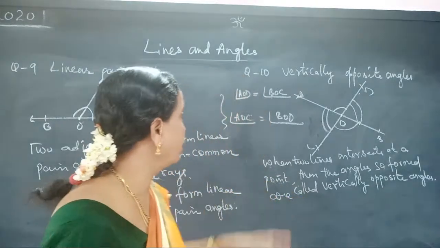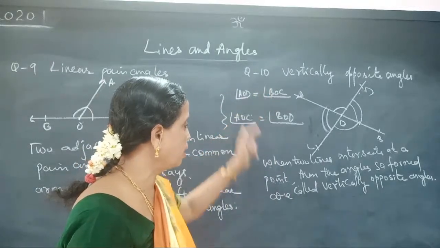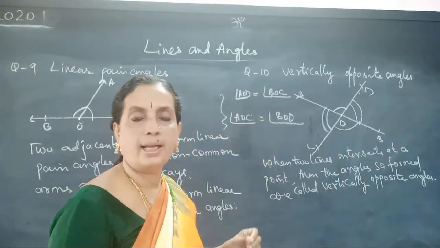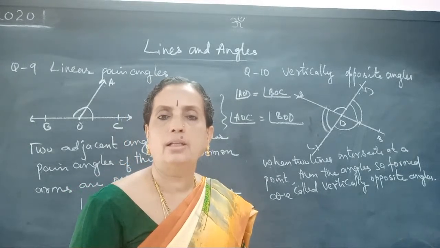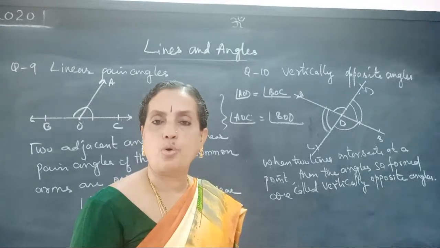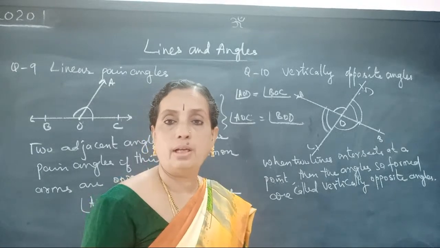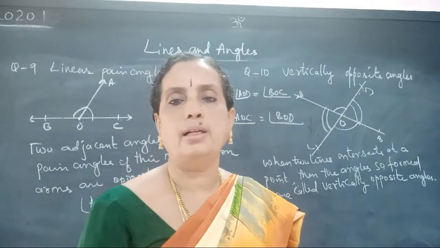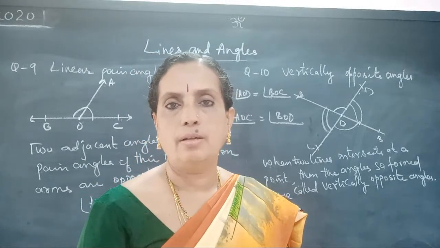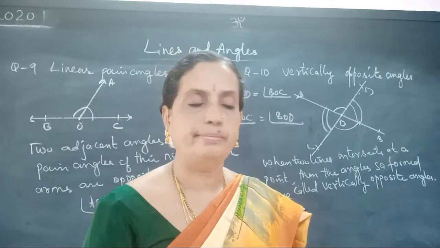So now we have vertically opposite angles. How do vertically opposite angles form? When two lines intersect each other, the pair of angles so formed are equal. They are called vertically opposite angles. It's clear to everybody?